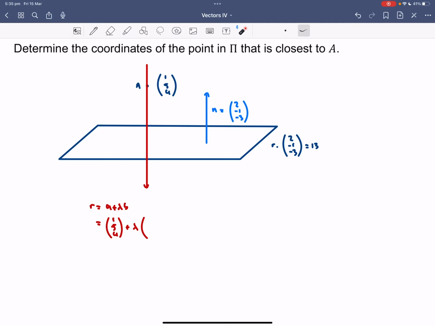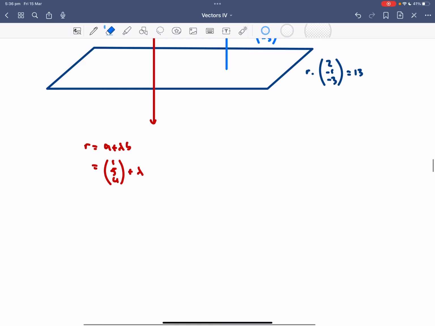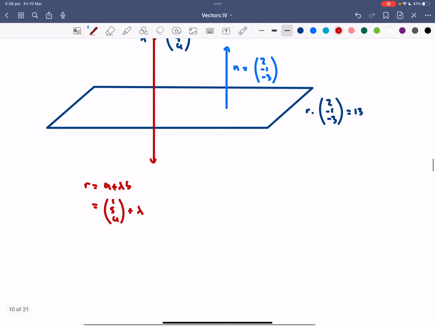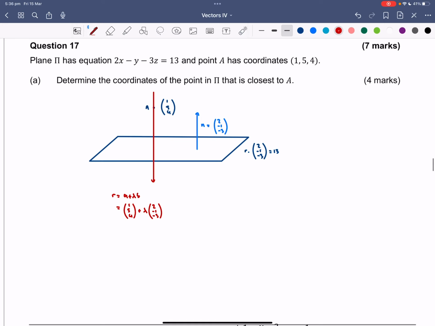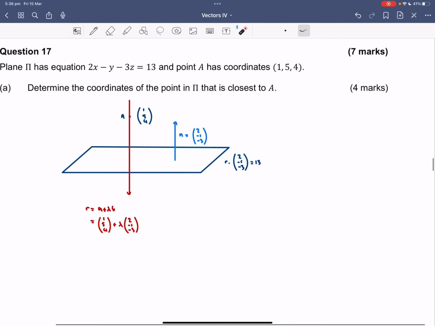I could have done the arrow like this, I could have done the arrow like that, it doesn't matter. So the bit with the lambdas is just the exact same, (2, -1, -3). Perfect. I've now found the vector equation of the line, and I have the vector equation of the plane.